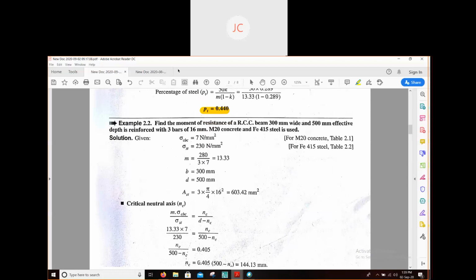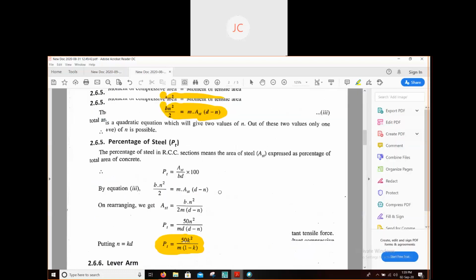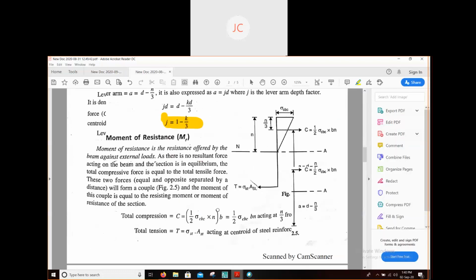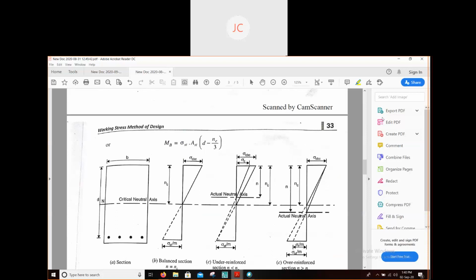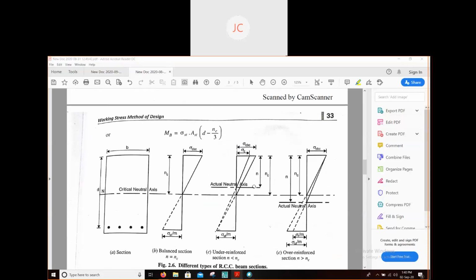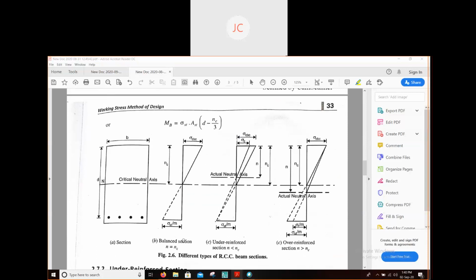If you remember, if you see the PDF which I have shared with you, or if you made any note in the last class, this was the diagram for the balanced section. In a balanced section, the actual neutral axis and critical neutral axis become equal.